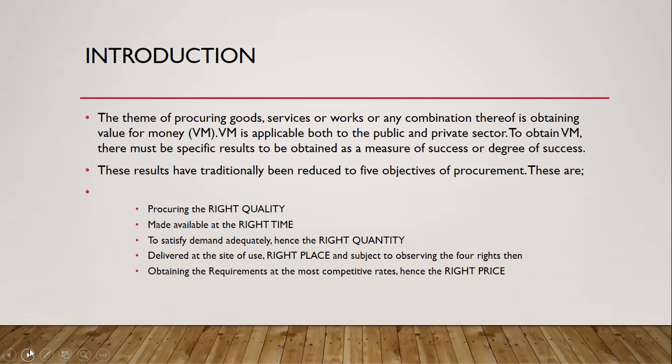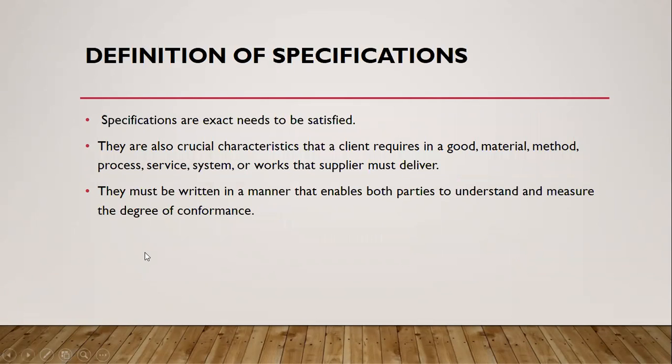The essence is to ensure that what you bring into the organization is something that is going to be good to the organization. The result is reduced to 5 objectives of procurement, and this includes procurement of the right quantity, made available at the right time to satisfy the demand adequately, delivered at the site of use, in the right place.